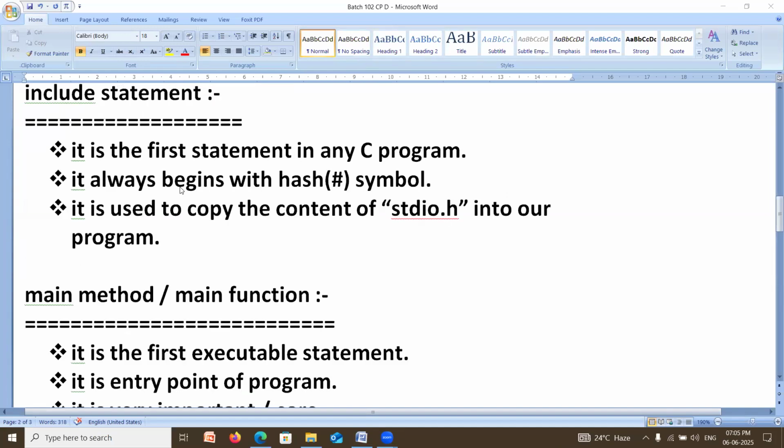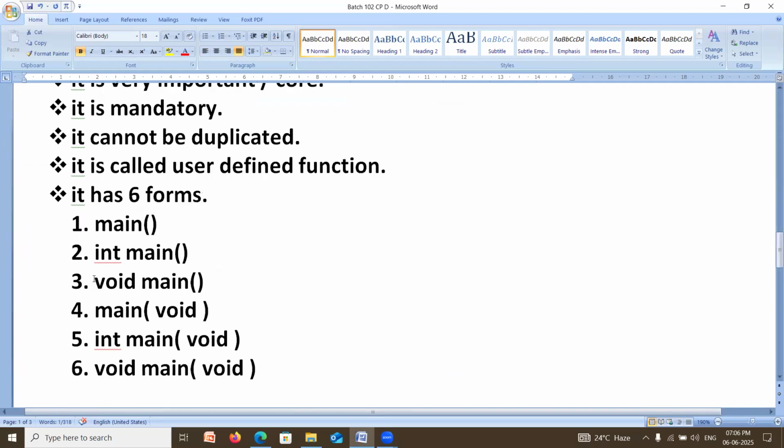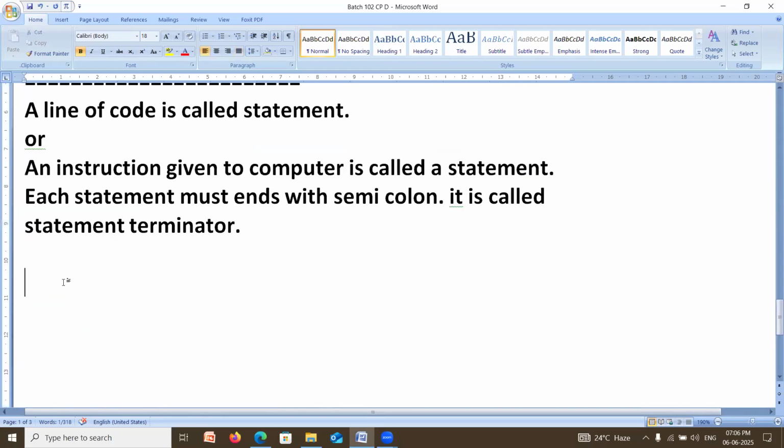Now I am going to explain you about these two symbols. This symbol is called open delimiter. It is called closing delimiter. What is the meaning of limit?